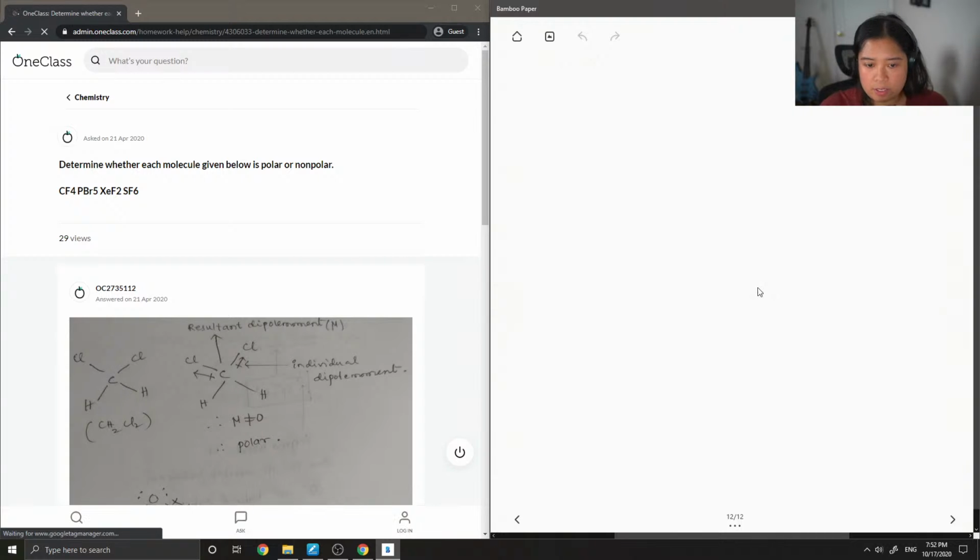Okay, so on to question number 2. Determine whether each molecule given below is polar or nonpolar. Let's write down the definition of polarity.